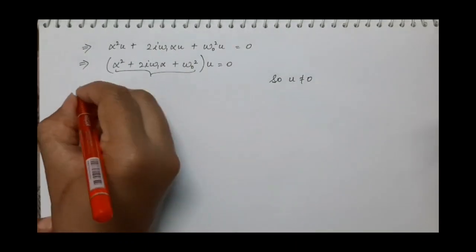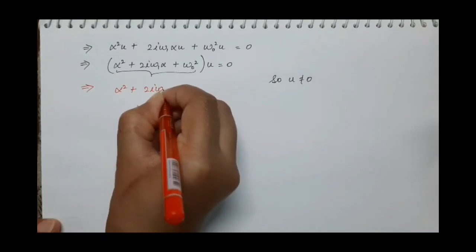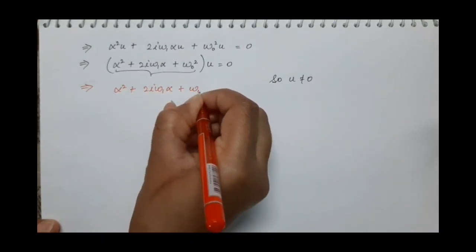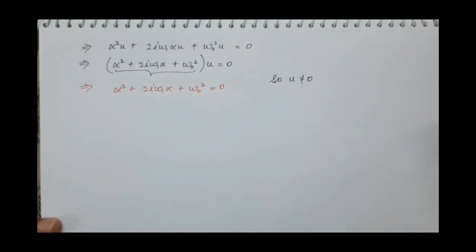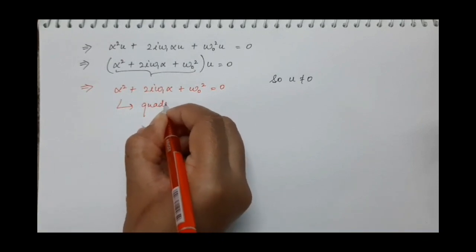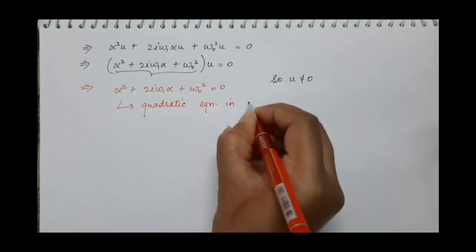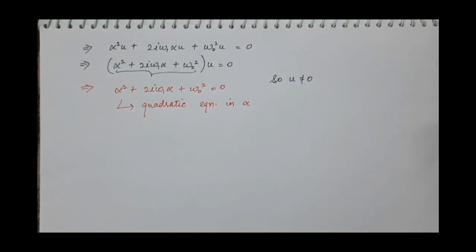Which implies alpha square plus 2 iota omega 1 alpha plus omega naught square is equal to 0. And this is the quadratic equation in alpha. So find its roots.